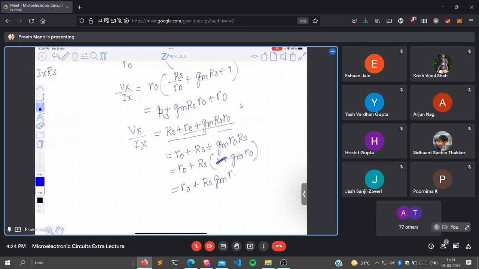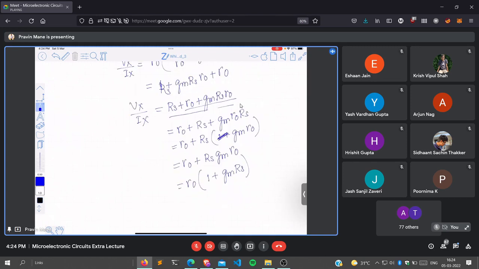gm RO. Now if I take RO common, what is going to happen? It is 1 plus gm RS, and in most practical situations again this 1 is neglected. So this value is assumed to be gm RO RS. This is the approximate value, this is the exact value: RS plus RO plus gm RS RO.